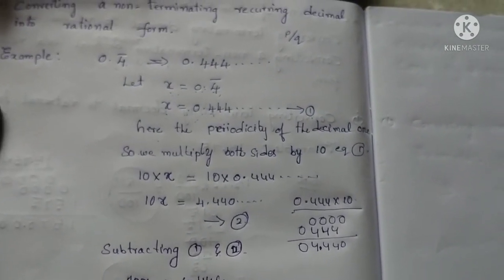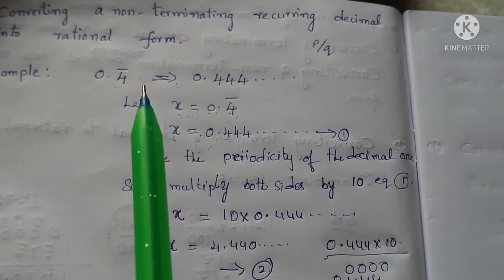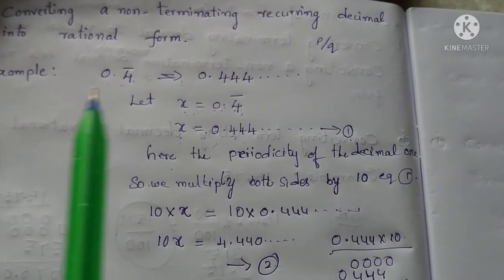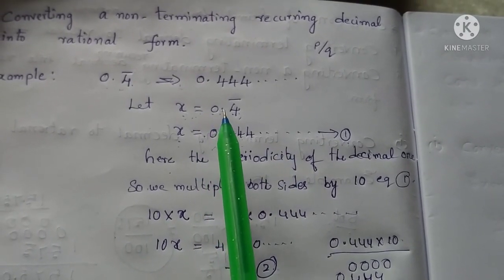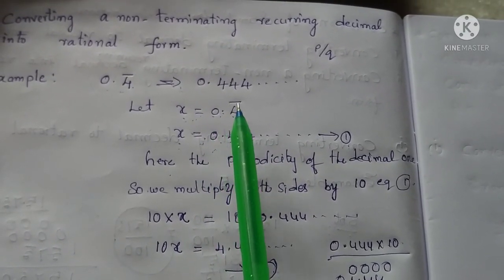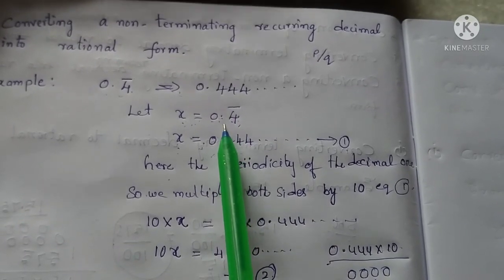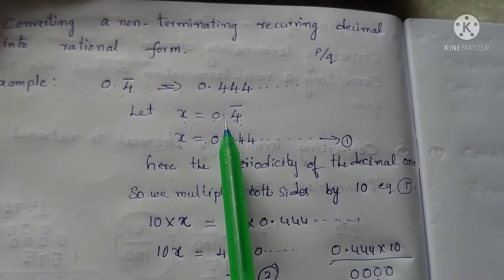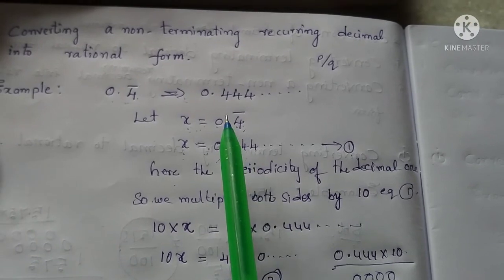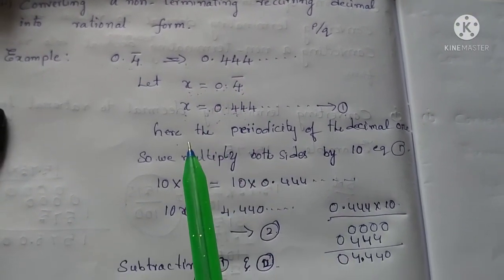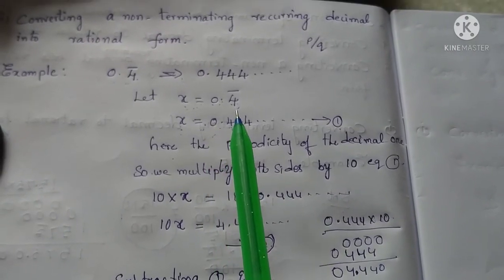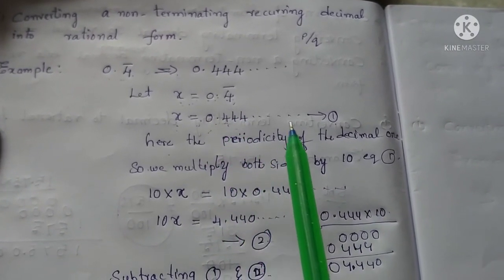This method is converting a non-terminating recurring decimal into rational form. It is given as a non-terminating recurring decimal. This is the example of a non-terminating recurring decimal. So x equal to 0, remove the bar, means 4, 4, 4 and so on.